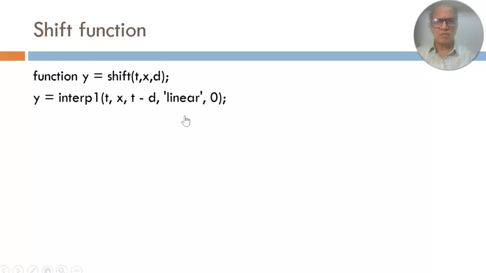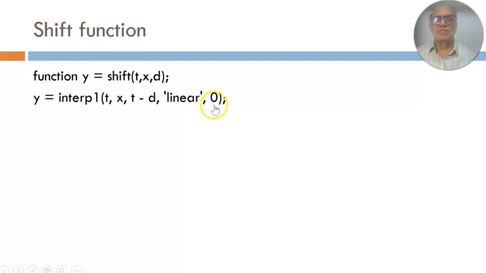But one important thing to note is that when we are calculating this t equal to t1 plus d and calculating the function value, note that our sampling time interval Ts may not have a one-to-one relationship with d. What I mean is its relationship may be such that at the time that you get, you do not have the value of the original signal. That is possible. That is why it does the interpolation, and it does linear interpolation.